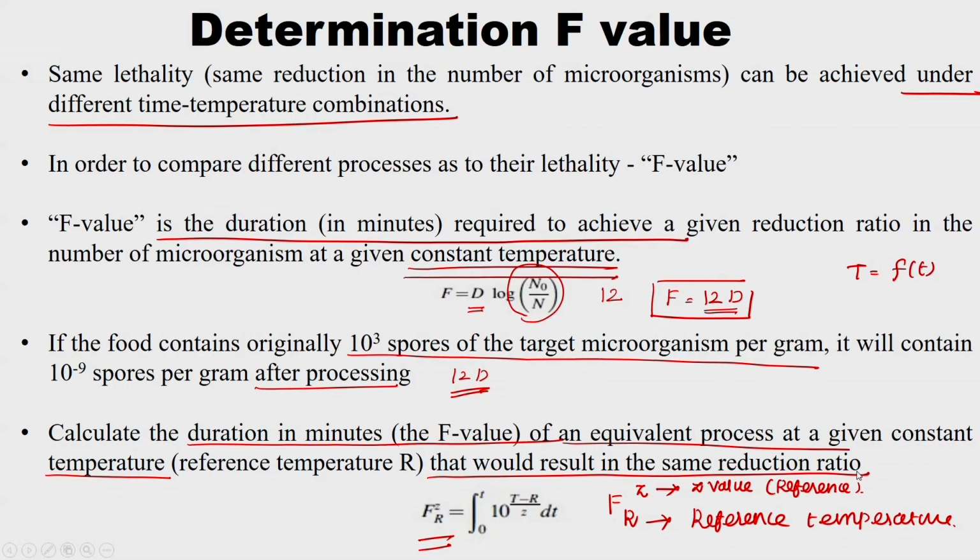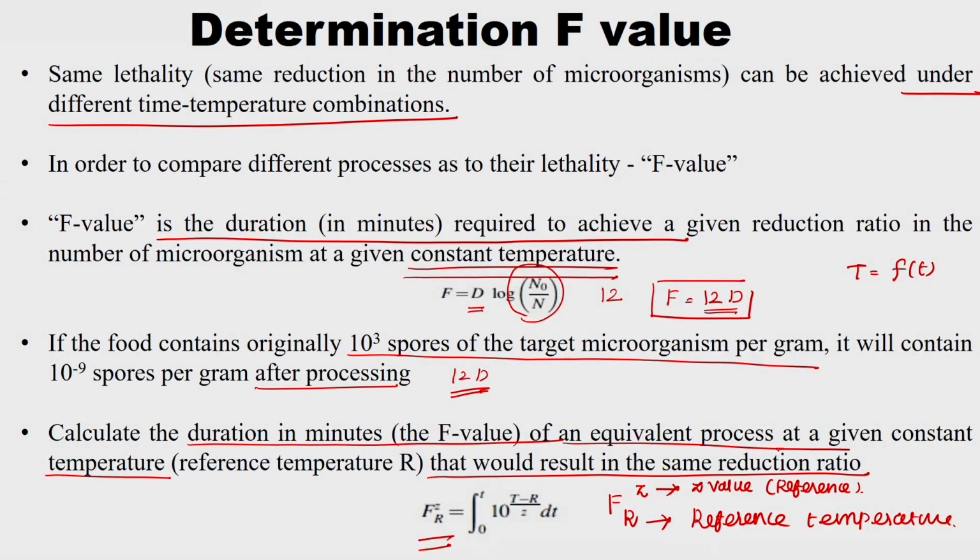So, here we are told to achieve a given reduction ratio, how much time is required in minutes or seconds at constant temperature. But in most processes the temperature is not constant, it is a function of time. So, my real process has a temperature that is a function of time, but I am creating an equivalent process which has constant temperature, right.